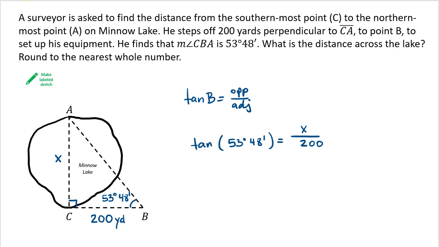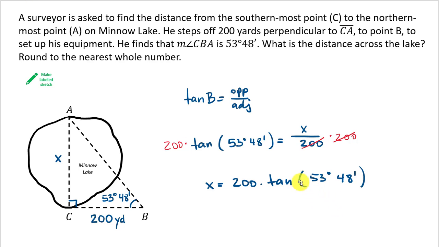To get X by itself, I will need to clear the fraction on the right hand side, so I will multiply by 200 so that the denominator cancels. So since I multiplied on the right, I have to multiply on the left. And from here I can see that X equals 200 times tangent of 53 degrees 48 minutes.